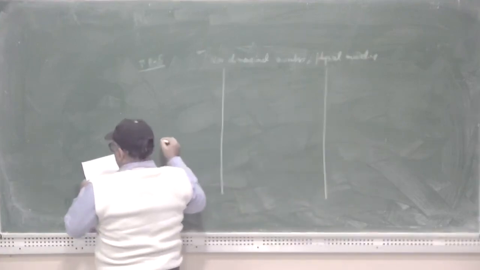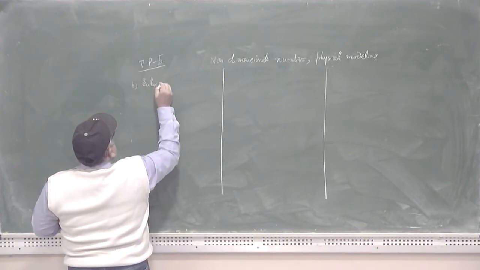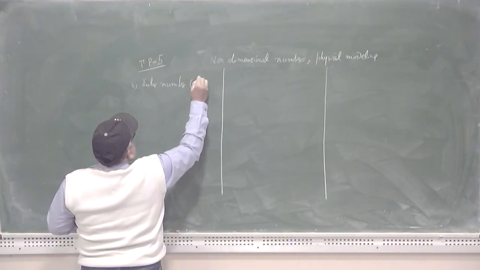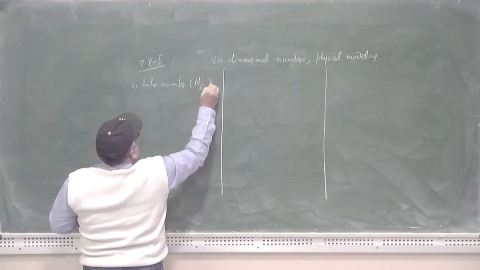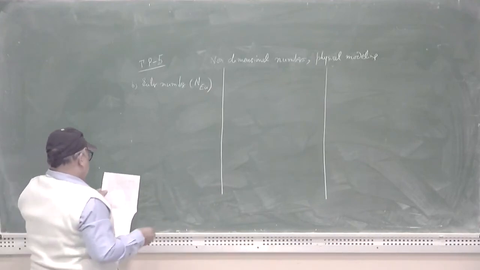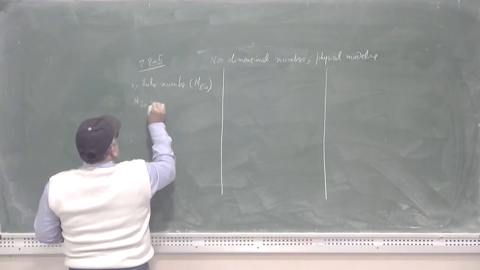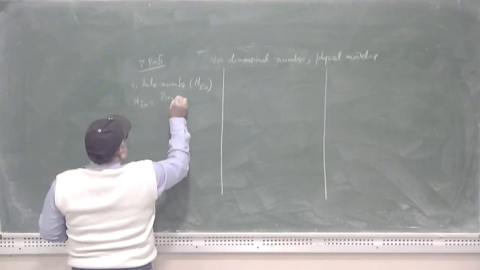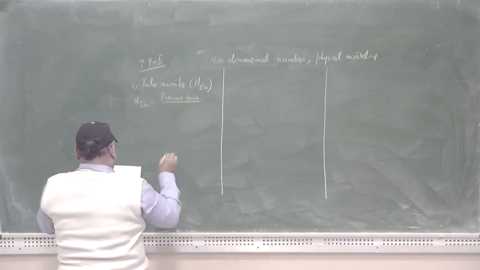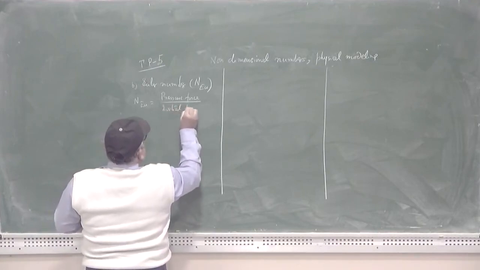Next is your Euler number. It is abbreviated as N suffix EU. This is called the Euler number and it is defined as pressure force divided by inertial force.